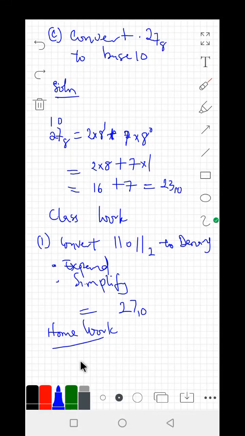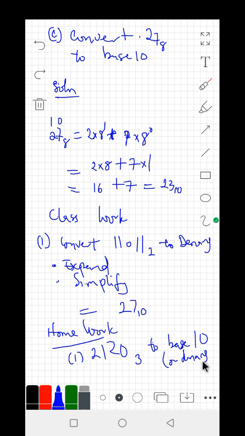All right, in your spare time, try this out: 2120 base 3 to base 10, or denary. Don't forget, denary means base 10.